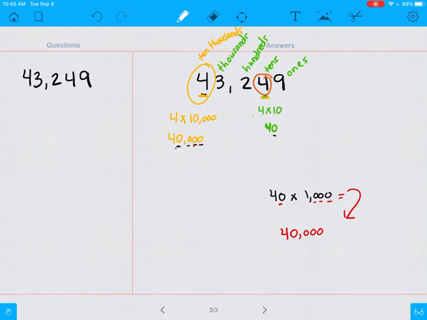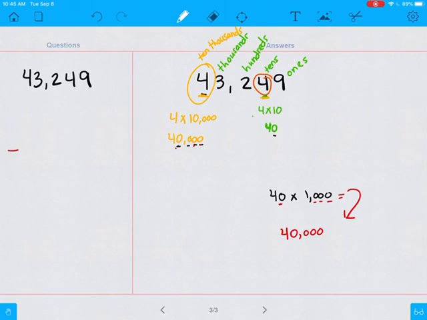So 40,000 is equal to 1,000 times 40. Or we could say the 4 on the left here in the yellow represents 1,000 times the value of the 4 right here in the orange. So let's write that.